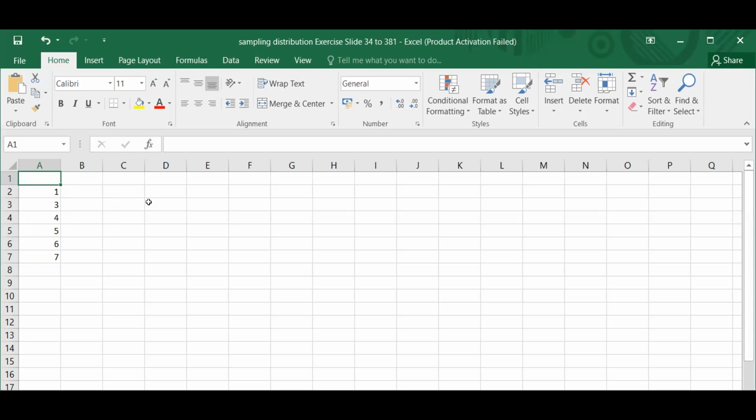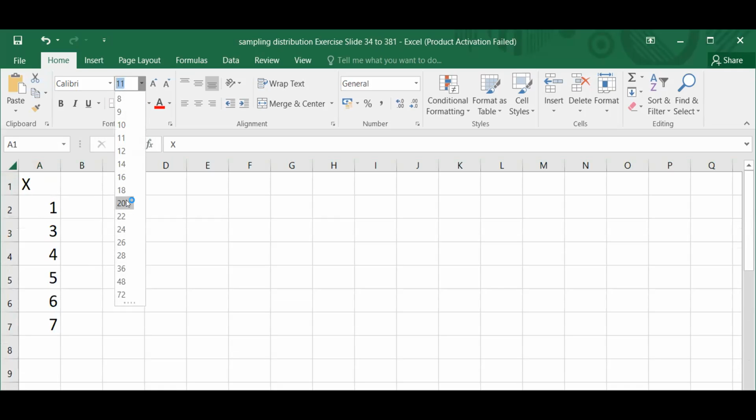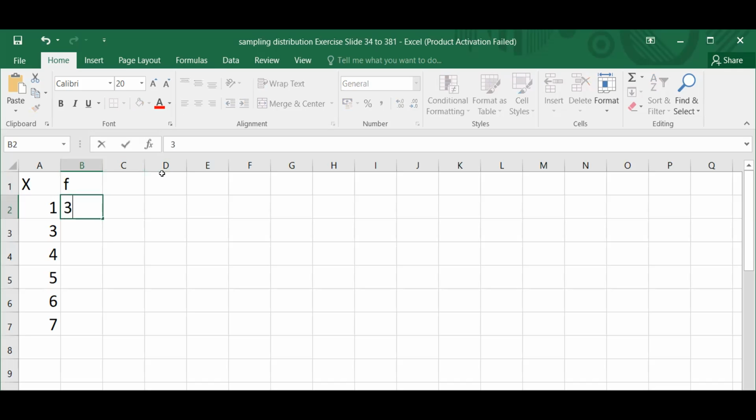I am representing the population by capital X and increasing the font size. Now the frequencies are computed. Frequency of 1 is 3, the frequency of 3 is 1, the frequency of 4 is 1, the frequency of 5 is 1, the frequency of 6 is 3, and the frequency of 7 is 1.